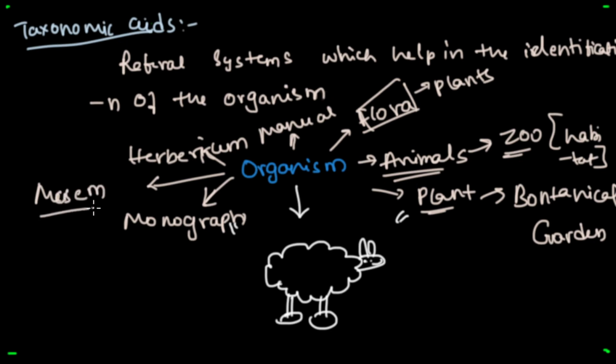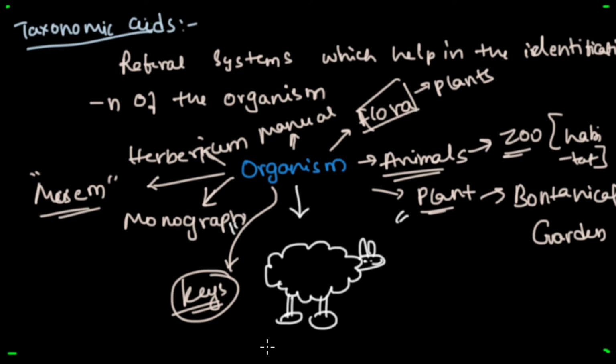Now comment down below whether your school or college has a museum or not. Or you can also go and see keys. These keys are a special type of taxonomic aid which have contrasting sentences, and you have to opt for one from them based on the characteristics.